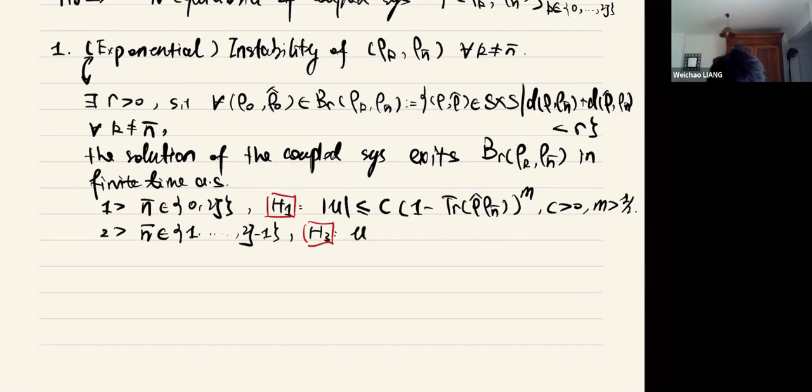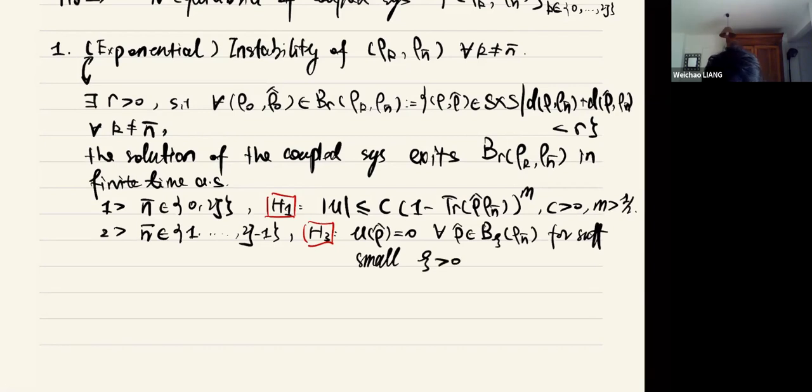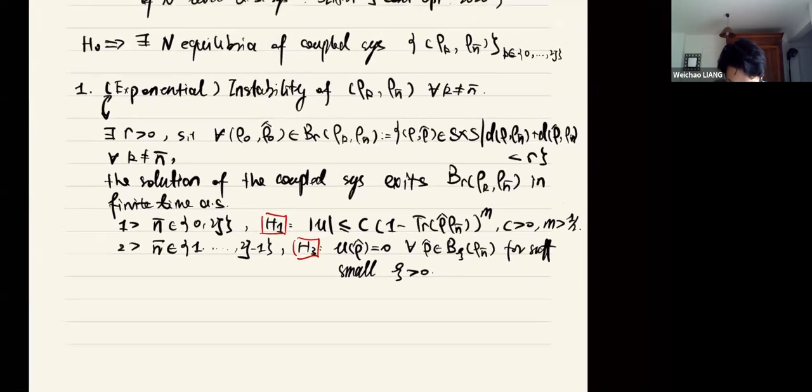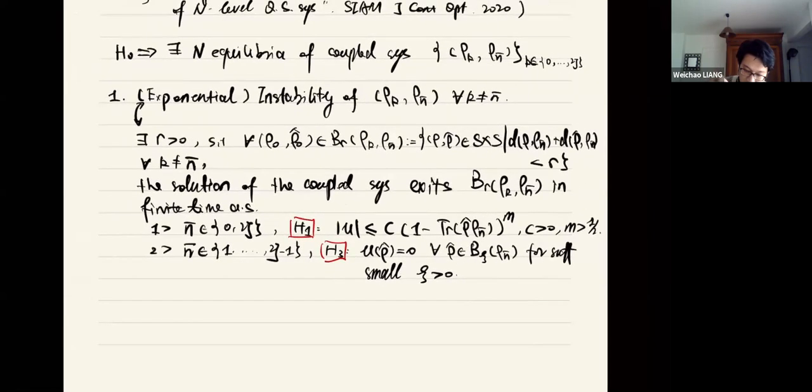We suppose the feedback controller u of rho hat equals 0 for all rho hat in a sufficiently small neighborhood of the target state. This is the first step: we want to show the instability of the bad equilibrium.